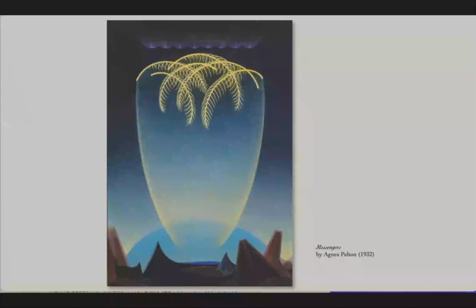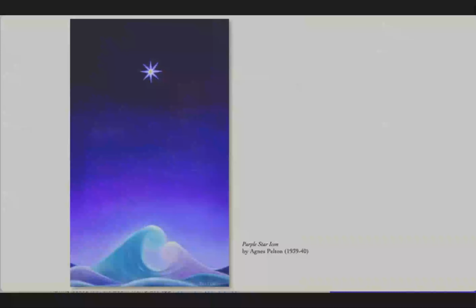A disciple endowed with an atmically illumined mind sees all manifestation, all diversification in terms of the creative light from which it came.